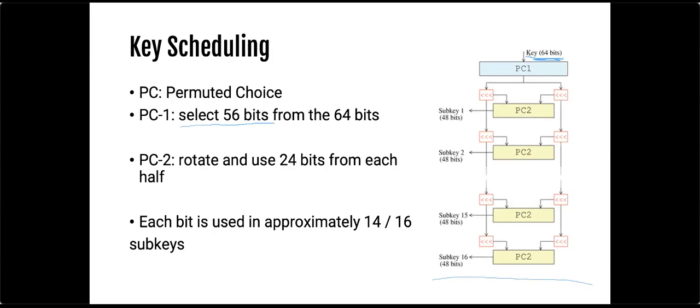So here it only has 56 bits, and then it's divided into two halves, 28 bits each. It does some rotation, some combination, and it only selects 24 bits from each half.